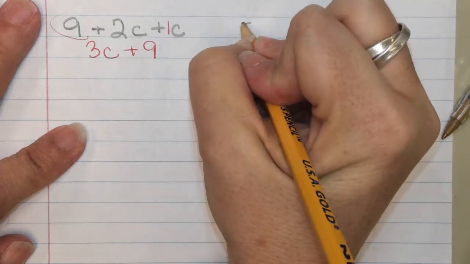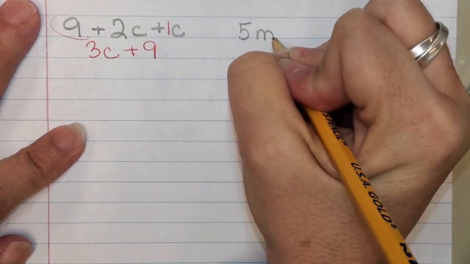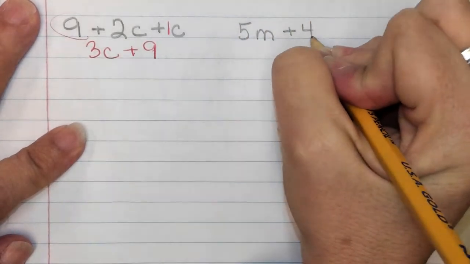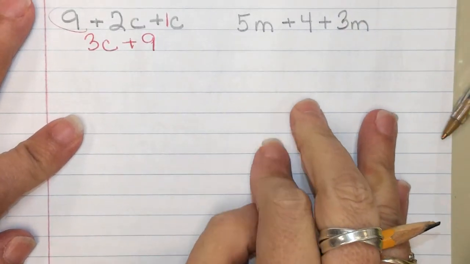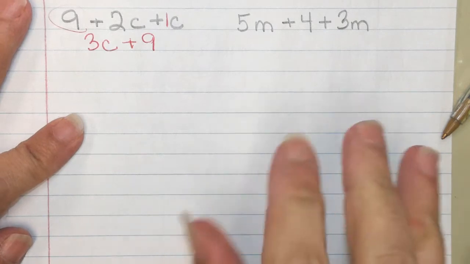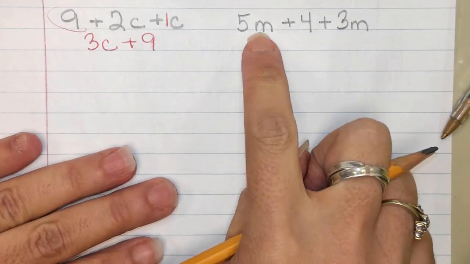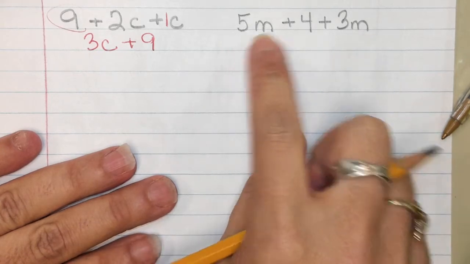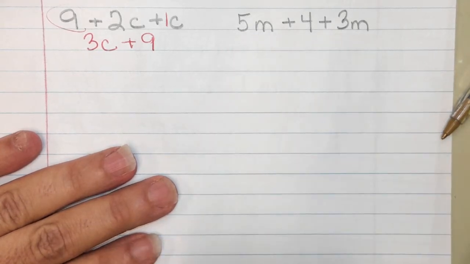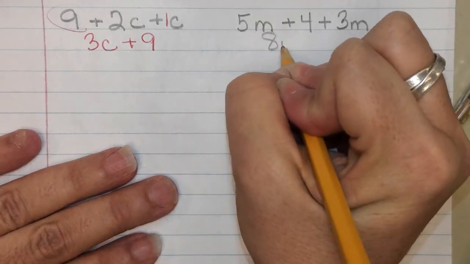Here's another one. Okay, and slowly I'll keep building on them. I'm just taking it slow. So let's work with these m's. I got a 5m and a 3m. 5m plus 3m. 8m, you got it.